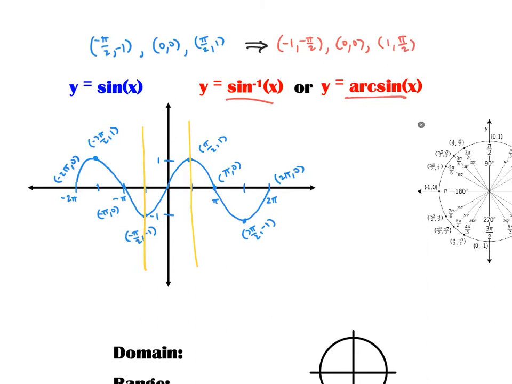So let's sketch those points. Let's analyze the graph first and see what that will look like. First, -1, negative pi over 2. Negative pi over 2 is a little bit more than -1, and based on the sketch they look about the same. Negative pi over 2 will be right about here.